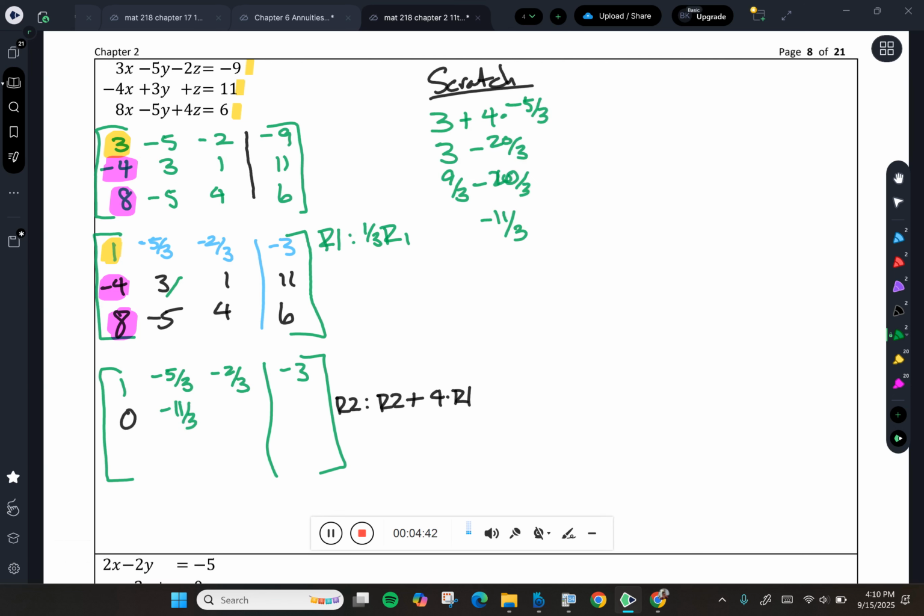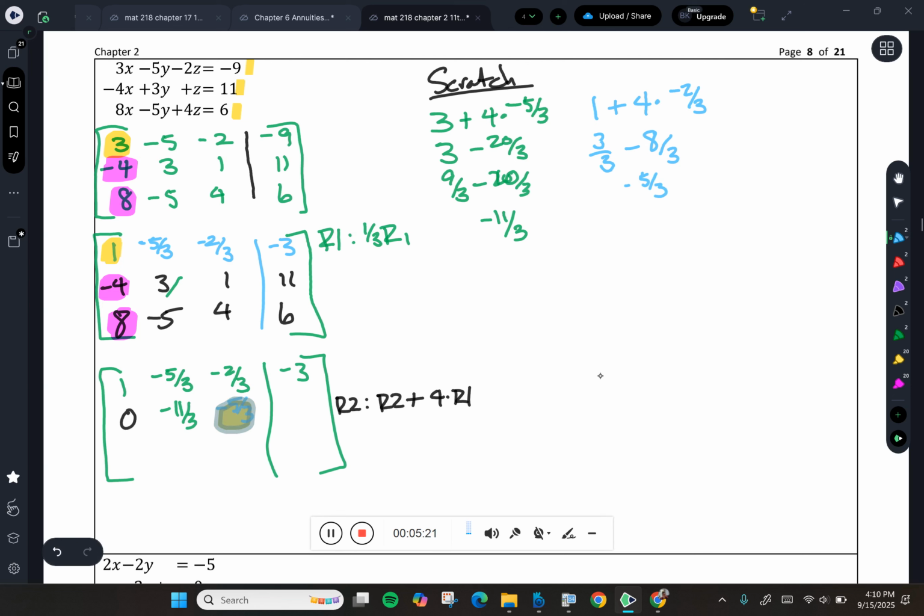Moving to the right, I need to find this one. Again, it's going to be the old row 2 plus 4 times row 1. The old row 2 in that third position was a 1, plus 4 times -2/3. That's going to give me 3/3 minus 8/3, because 4 times 2 is 8. 3/3 minus 8/3 would be negative 5/3, so I get a negative 5/3 there.